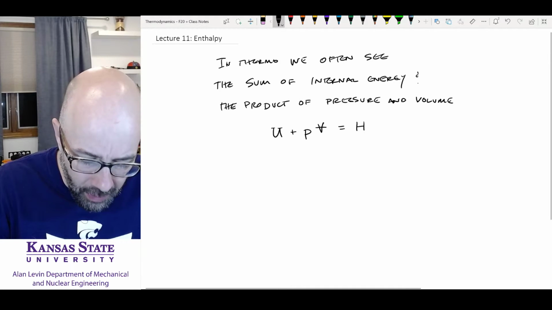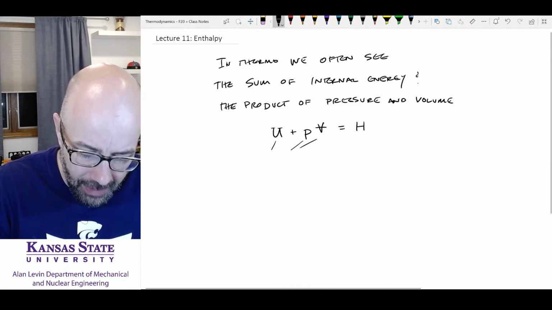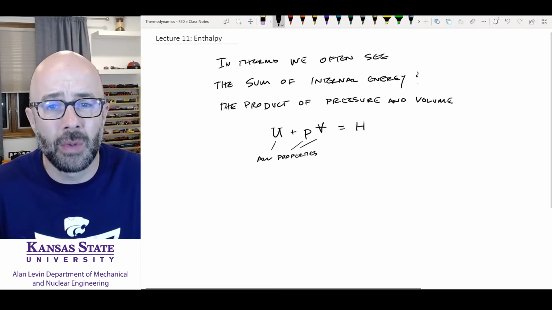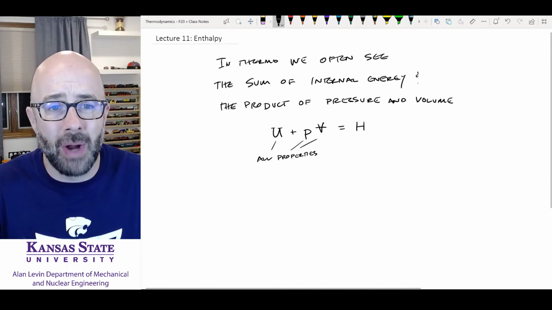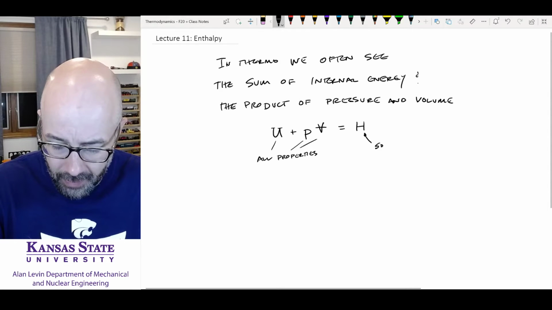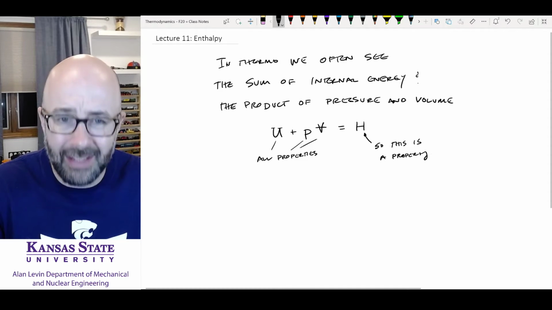And so we know that internal energy and pressure and volume, these are all properties. So if we add all these properties together, we call it enthalpy, so this is also a property. It's pretty straightforward there.